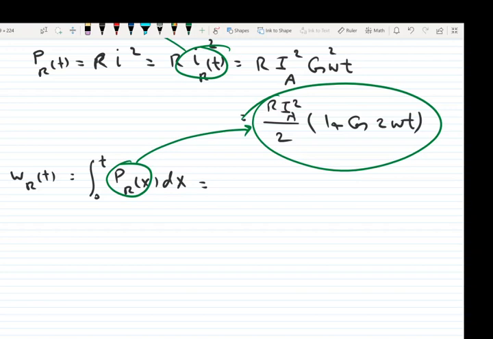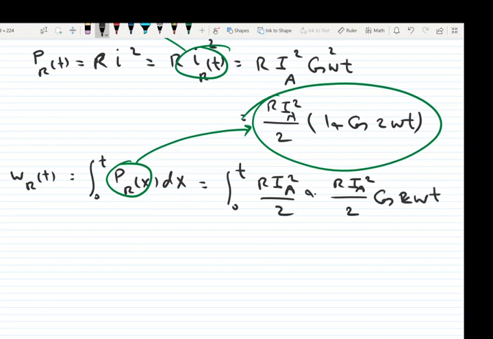So it's equal to the integral from 0 to t of R Ia square over 2 plus R Ia square over 2 cosine of 2 omega x dx.